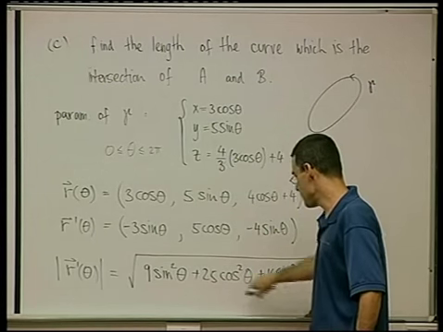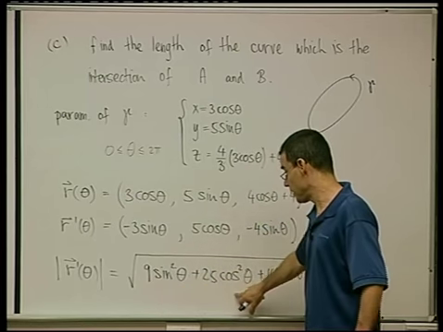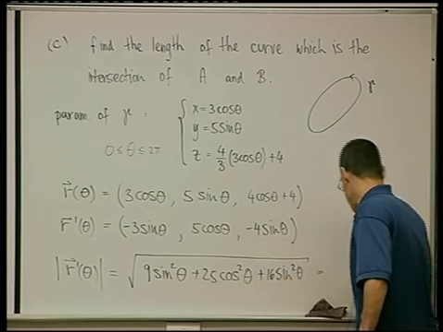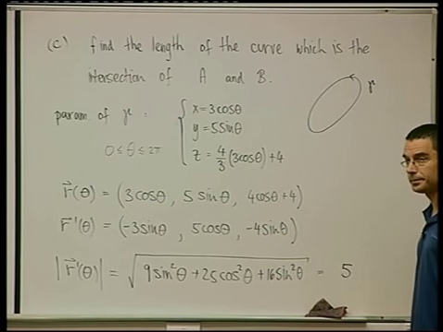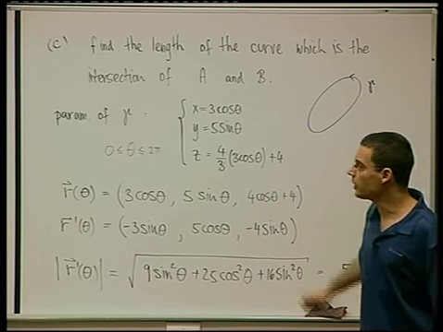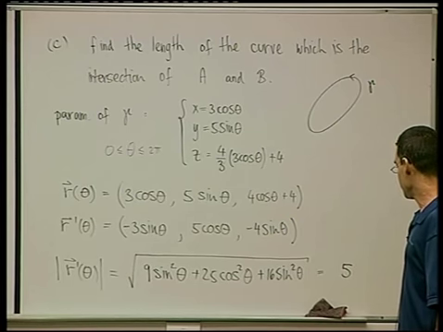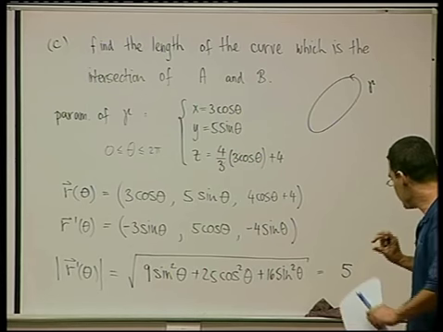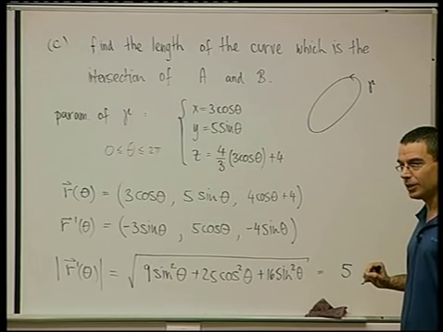So 16 sine squared plus 9 sine squared is 25 sine squared, plus 25 cosine squared is 25. And the root of that is precisely 5. Good? So this problem has been written in a way that everything turns out to be so nice and calculable.